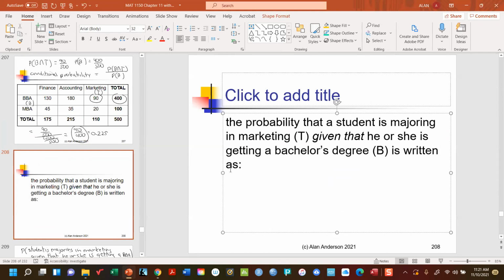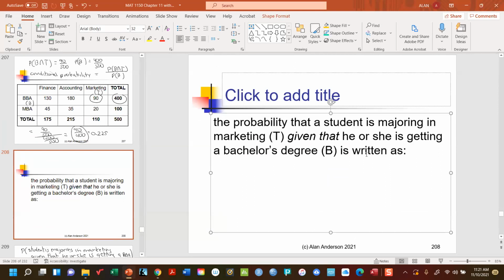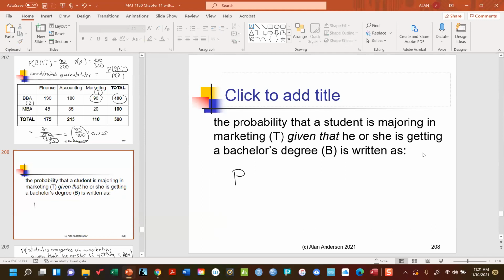and this is the special notation I want you to see because it really is a very nice shortcut. It's written like this. So this bar is pronounced given that. Okay, given that.